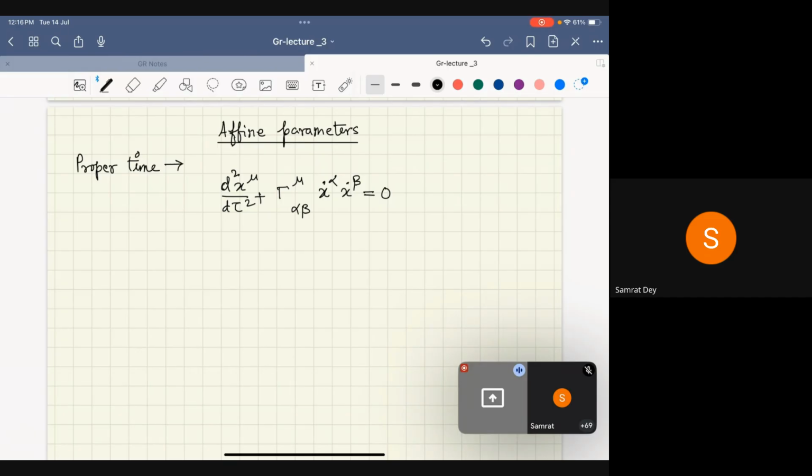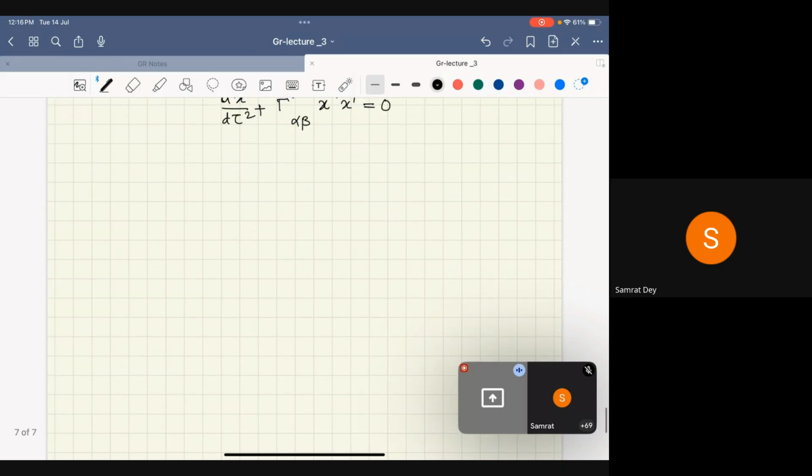There should be another way to parameterize the curve. There should be an infinite number of different ways to parameterize this curve, and therefore this curve, which I am calling a geodesic, should be treated as a geometrical entity that is independent of the parameter.